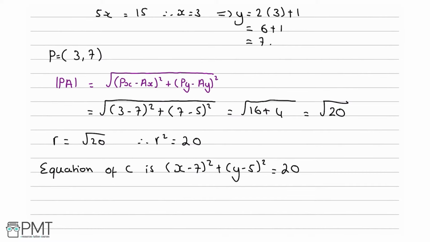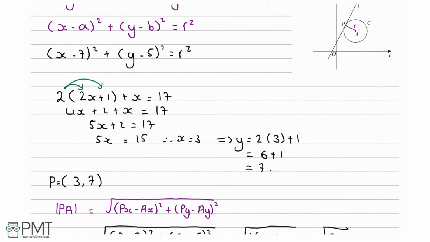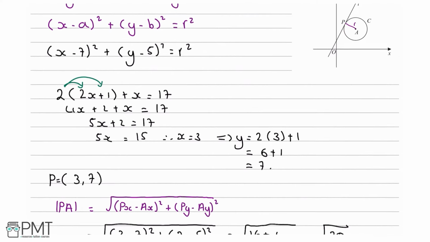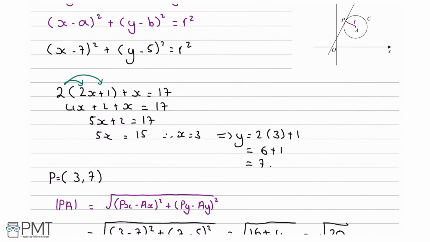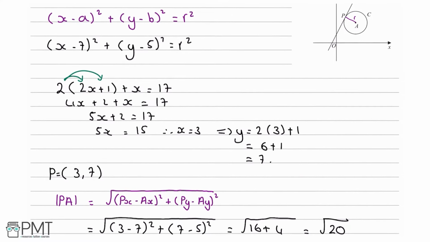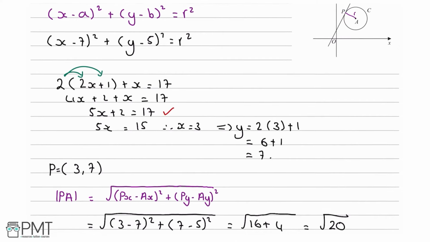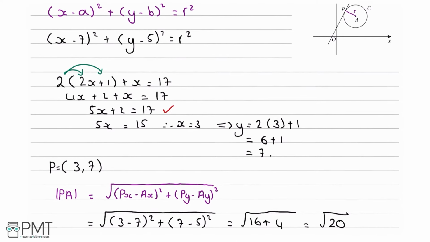This question is worth 4 marks. You get your first mark for knowing that you need to simultaneously solve 2y plus x equals 17 and y equals 2x plus 1. So this step up until about here will be sufficient evidence to get you your first mark.